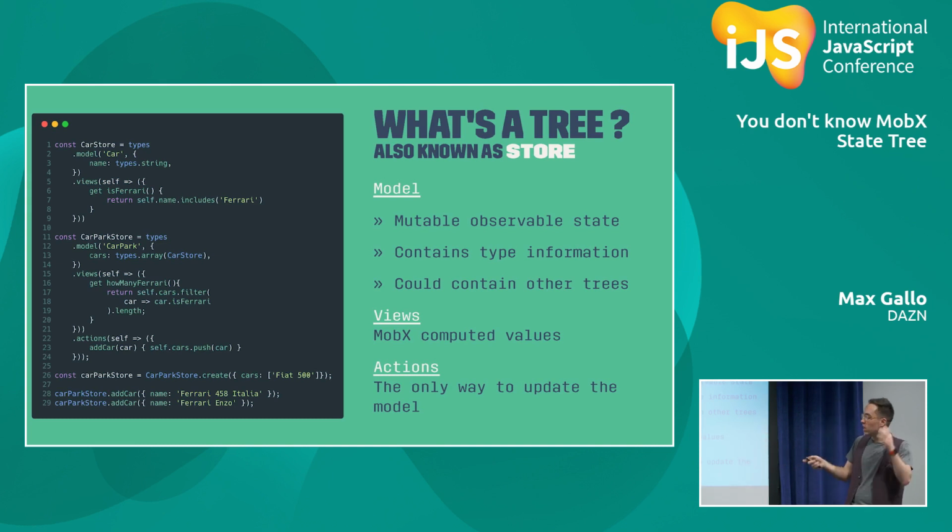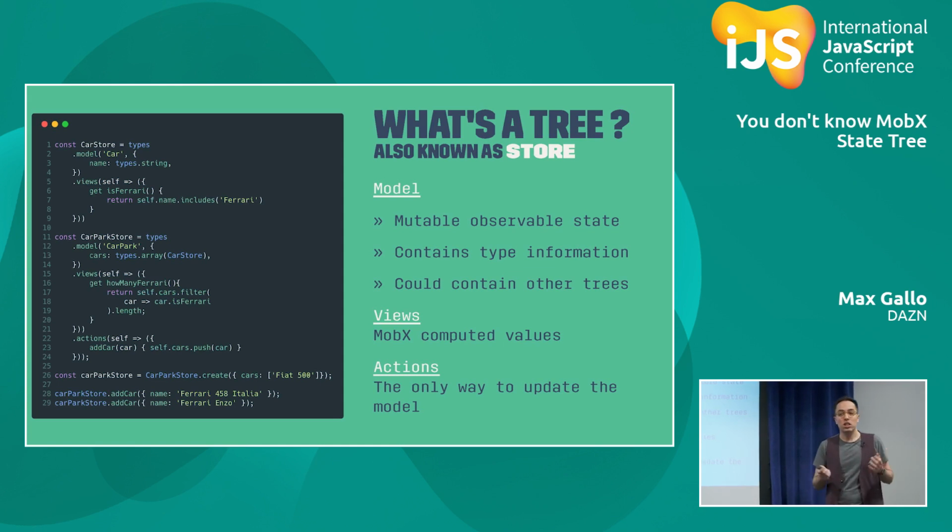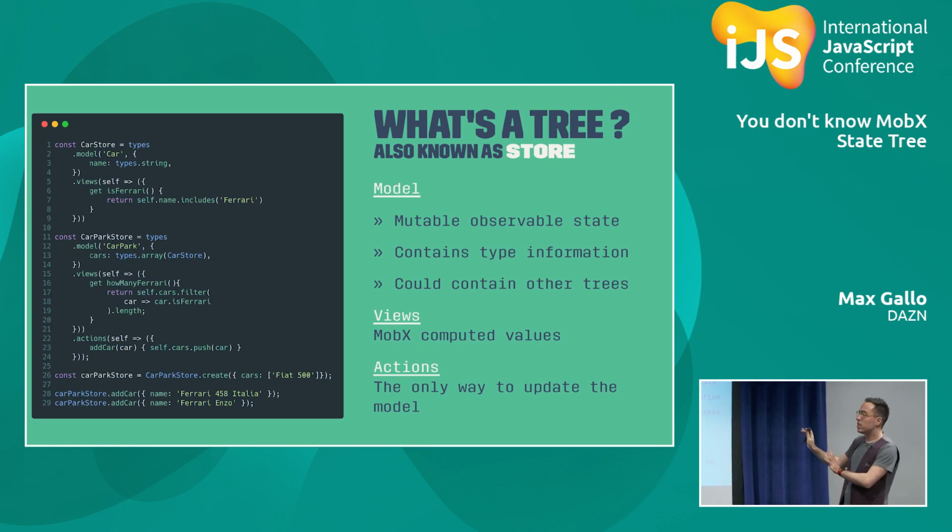If I would pass, I don't know, an object with a different structure or without name, for example, this code will complain, will throw an error saying, oh, sorry, that object that you told me was a car actually wasn't. So there is the runtime check on your type of the properties that you're using inside your store. This is the store, more or less.